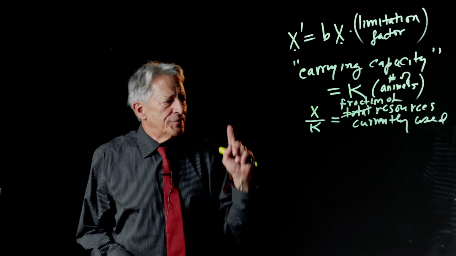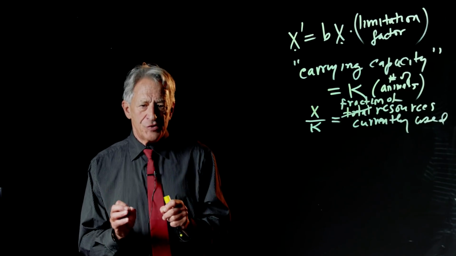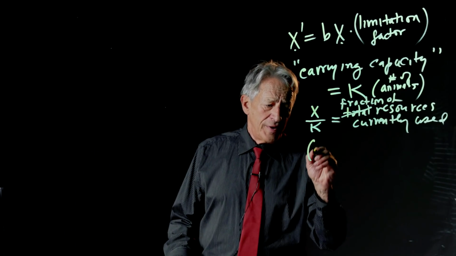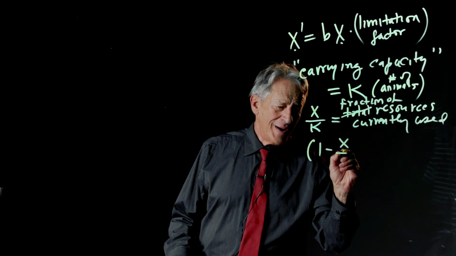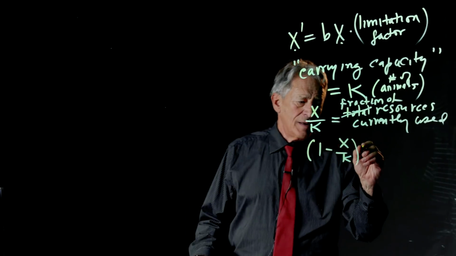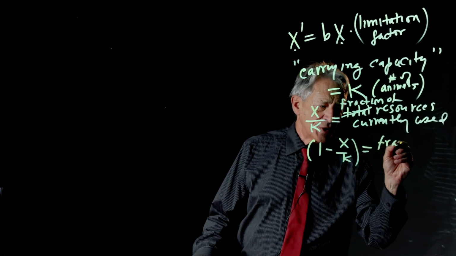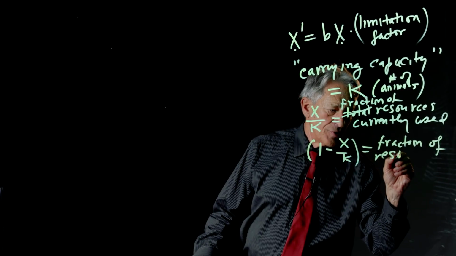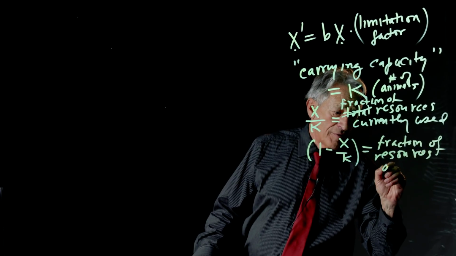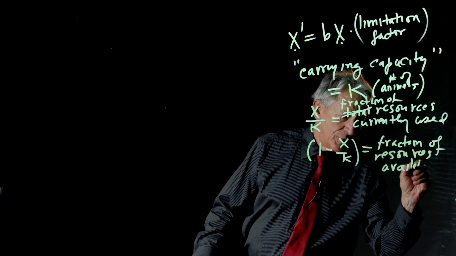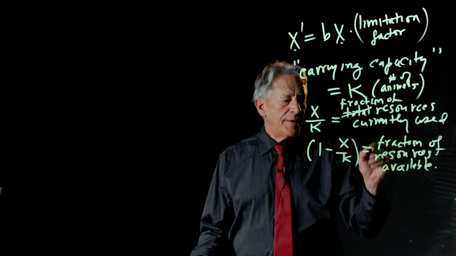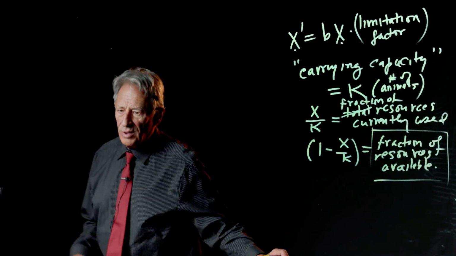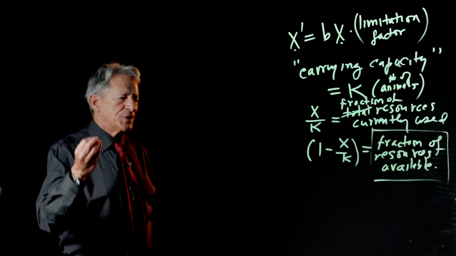So if x over k is the fraction of resources that are currently being used, then it follows that 1 minus x over k is equal to the fraction of resources that are available, that are not being used. And that quantity, the fraction of resources that are available, that's our limitation factor.